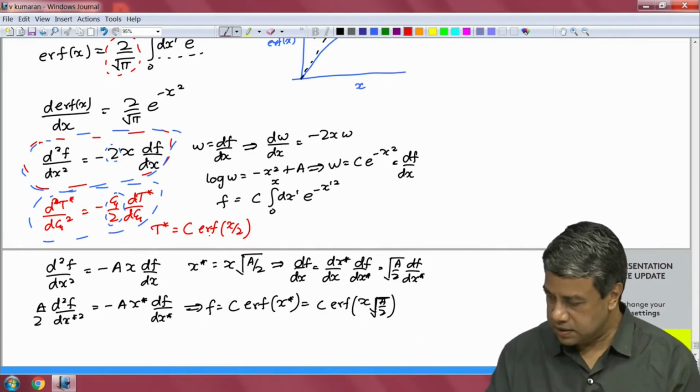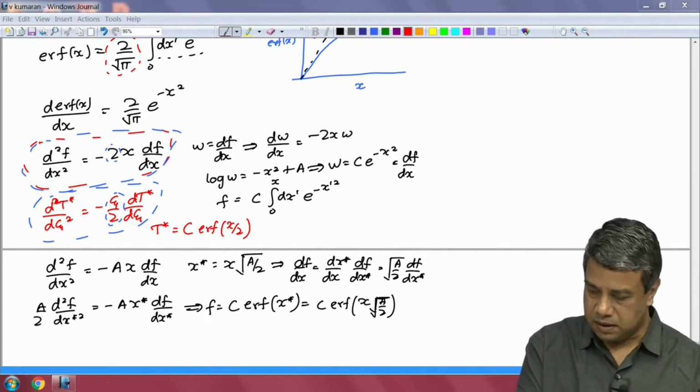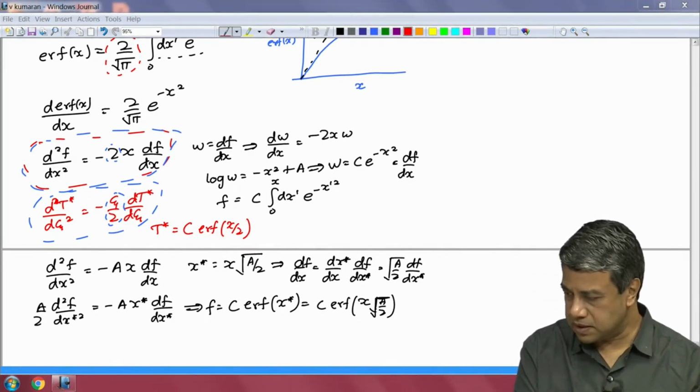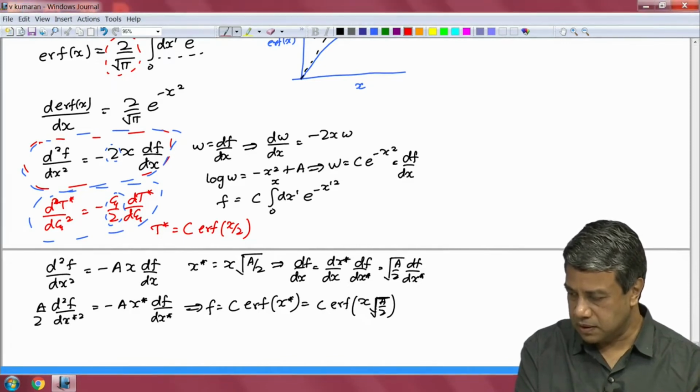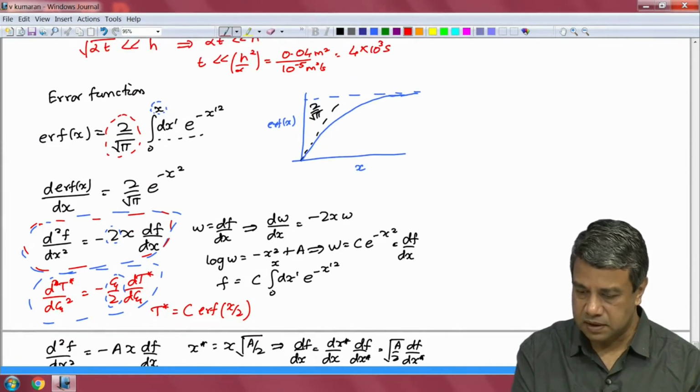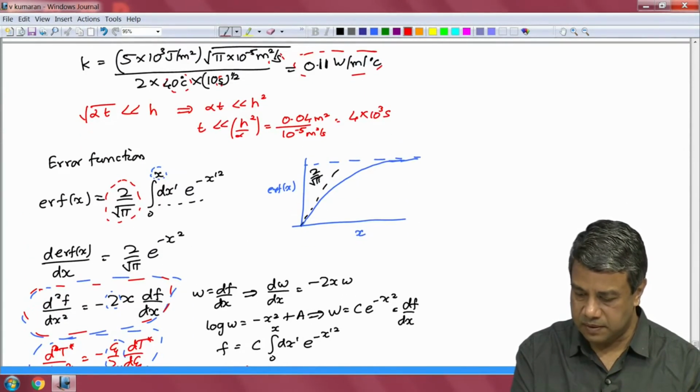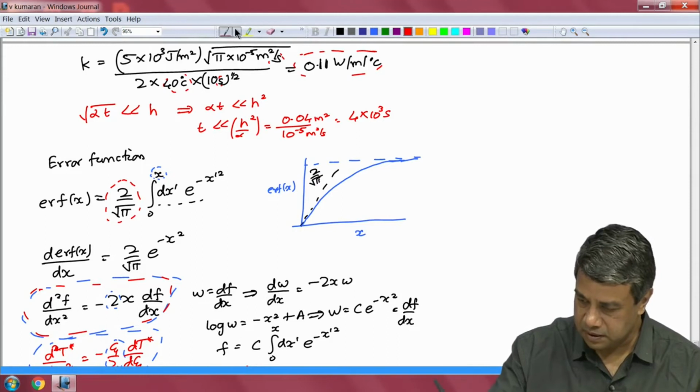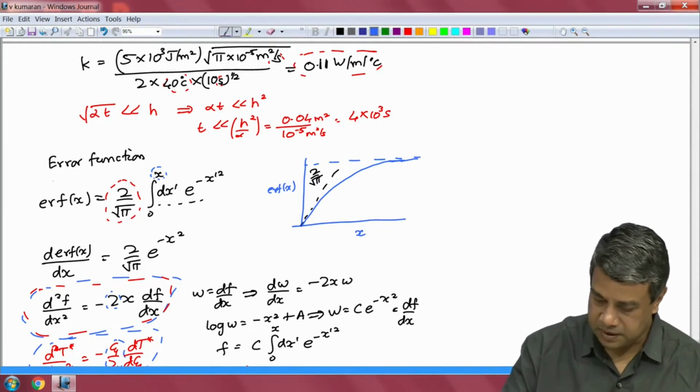So, this is how you can use standard equations in order to determine the solution of an equation. This error function is defined formally in this way.